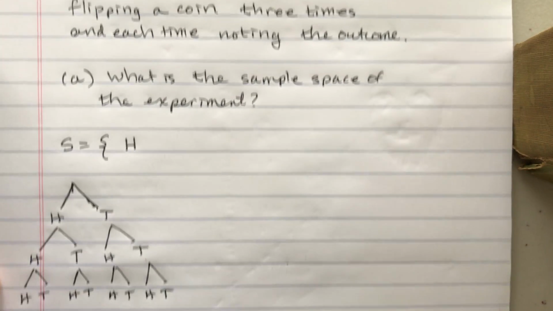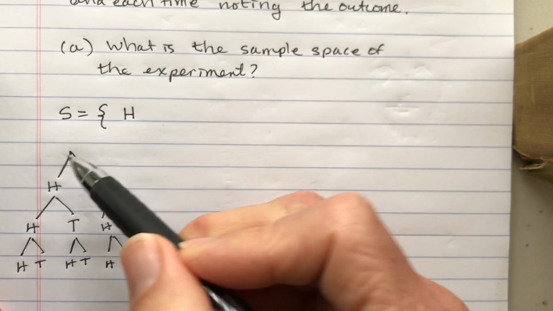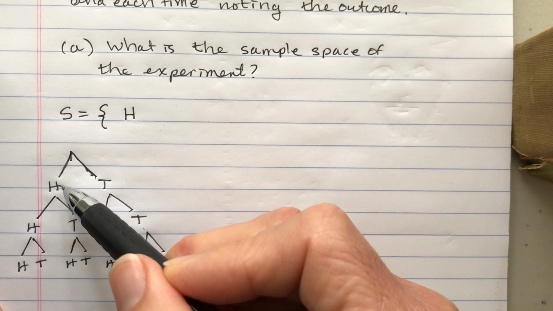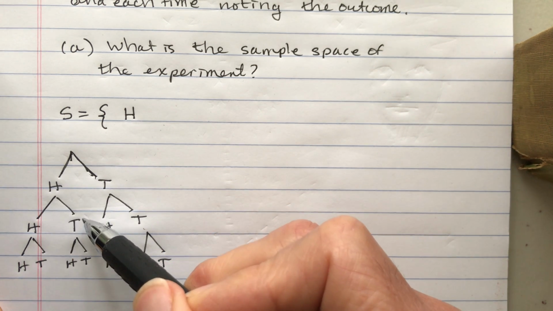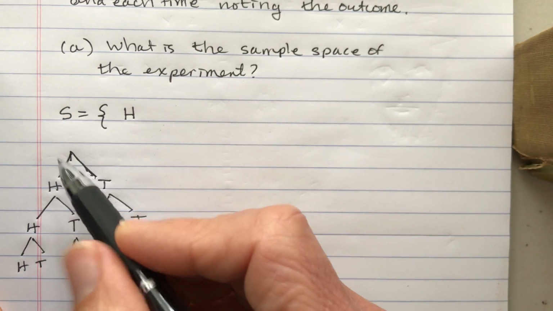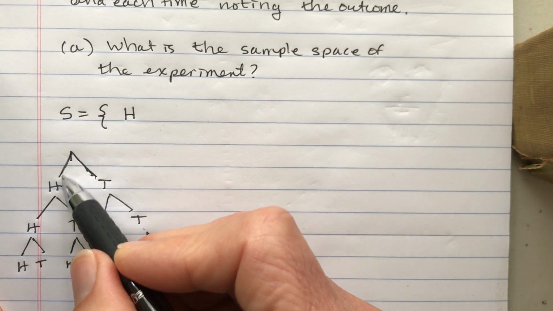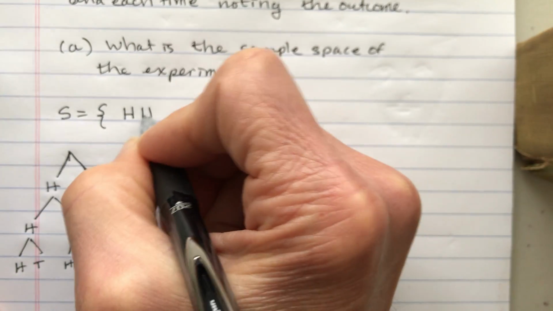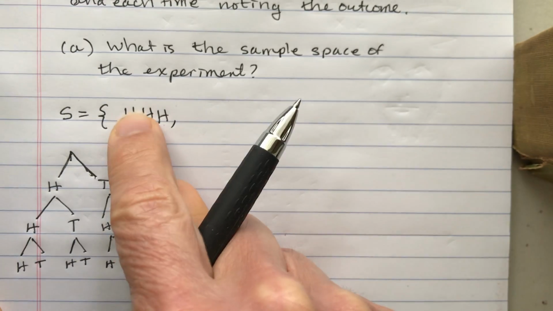But anyway, okay, I guess I did it. Look, the first time you flip the coin, you get either heads or tail. Now, for those people who got heads, you have two possibilities, heads or tails. And then for each of those, you have a possibility heads or tails. So let's look, starting on the far left, at the path. Heads, heads, heads. I don't think I'm going to put brackets and commas.